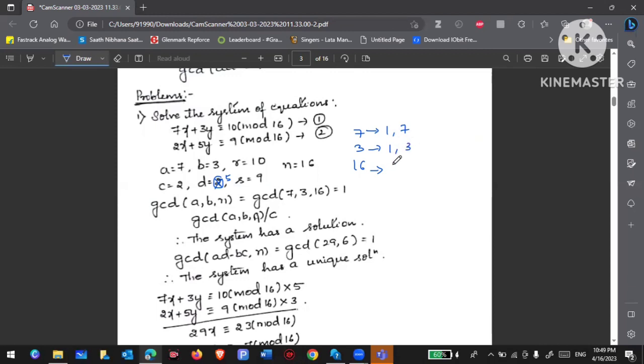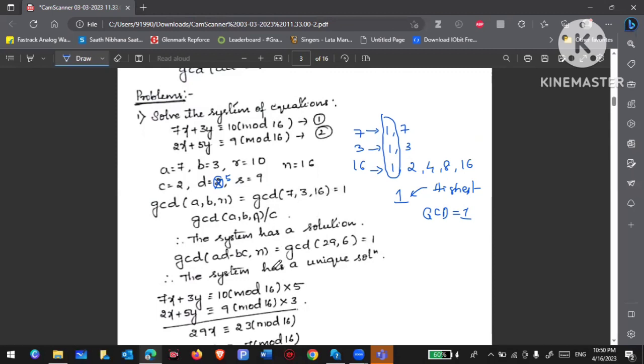What are the factors of 16? 1, 2, 4, 8 and 16. Among these factors, what is common? 1 is the only common one, and it is the highest. Therefore the GCD of 7, 3, 16 is equal to 1.